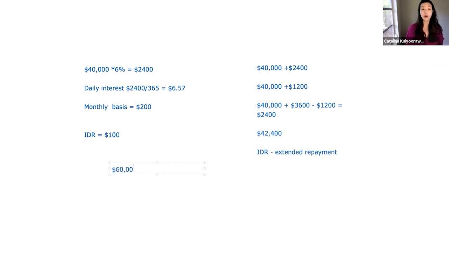So then they ended up now owing 60,000. So they went to try to get a mortgage and the lender calculated 1%. So now $600 counted towards their debt to income instead of $400, okay? So that matters to how much house you can afford, right? And that matters to the tune of about $40,000 more house you can afford if you didn't have that interest capitalized. So it's really, really important.